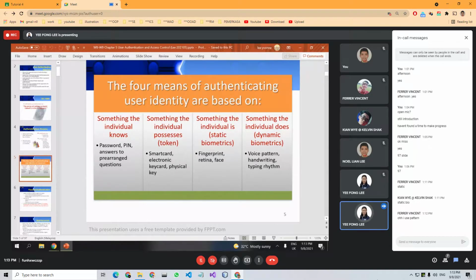Everybody has their own handwriting pattern. I don't know how they record it in a matching. There must be a way, right? They use it. Yeah, interesting.